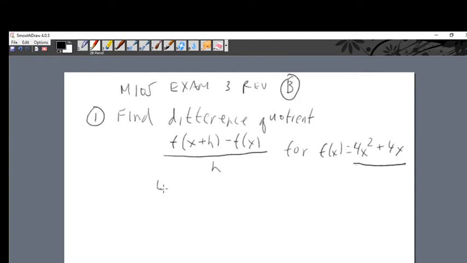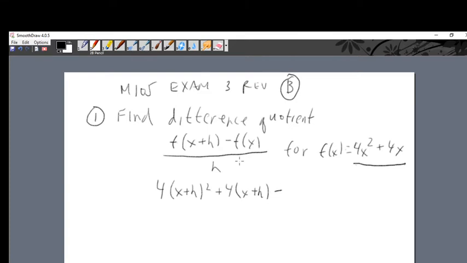Instead of 4x squared, I'm going to write 4 times x plus h squared, plus, on top of that, 4 times x plus h. Wherever we see x in there, it has turned into x plus h.